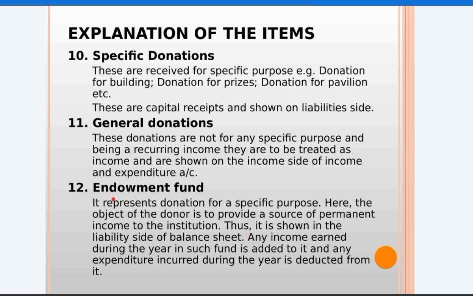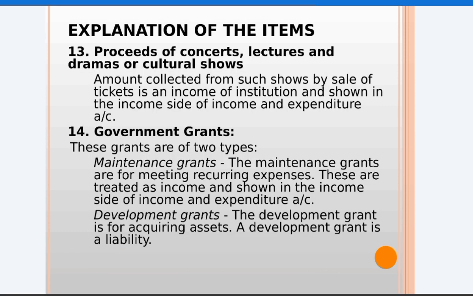Therefore, if this is received, it should be shown as an item of liability in the balance sheet, and any income earned during the year from the fund should be added to the fund, and any expenditure incurred for the purpose of the fund should also be deducted from the fund. So for an endowment fund, these are specific fund donations, and the purpose is simply to produce income for the organization.